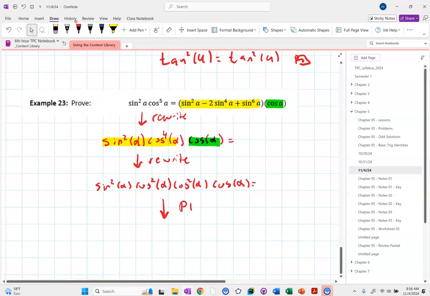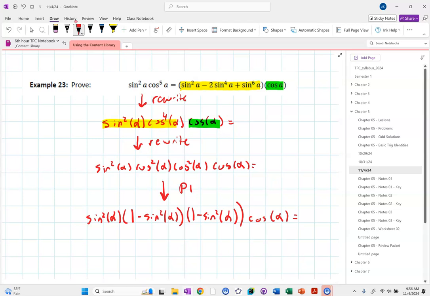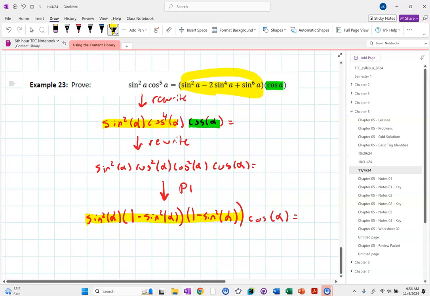P1 will allow me to write cosine squared as 1 minus sine squared. So again, all of this stuff now needs to turn into that, right? But I like the way things are looking because now everything has a sine in it at least, right?